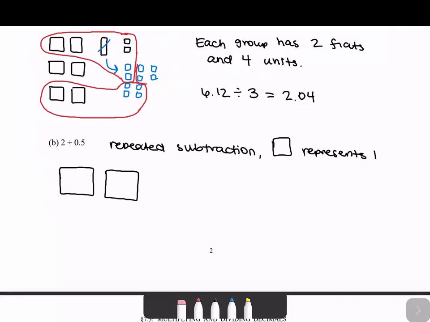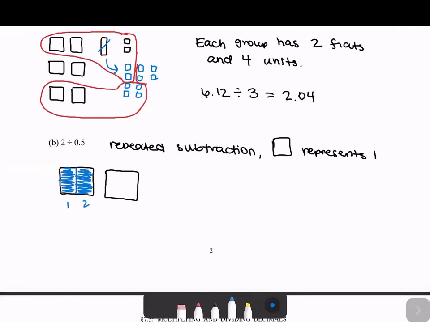So we're going to make groups of size 1/2. So we have this flat that represents 1. So first, we can have this group represent 1/2. So we're going to have 1 group. And then we have this other group here. So we have now 2 groups.